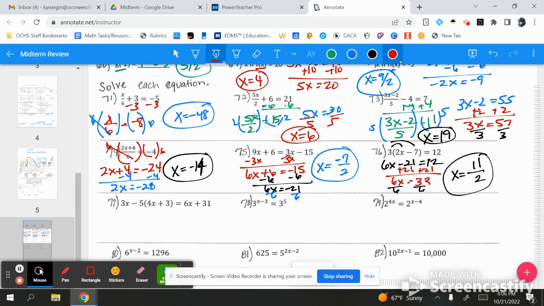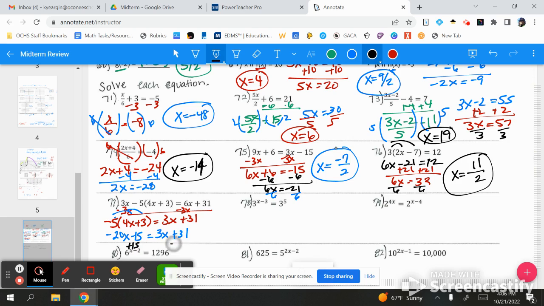For 77, we can start by subtracting 3x from each side. So I'm left with negative 5 times (4x plus 3) is going to equal 3x plus 31. I'm going to distribute the 5 to get negative 20x minus 15 equals 3x plus 31.